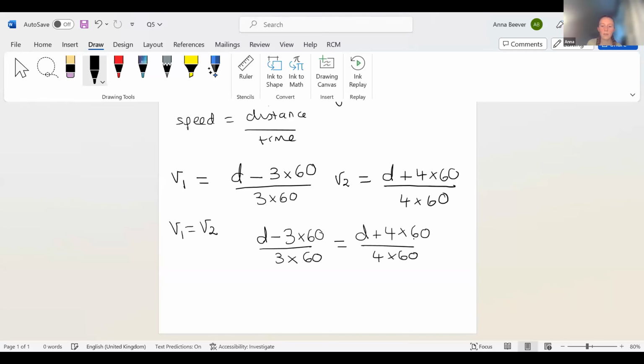So then we cancel these factors and we end up with 4d minus 3 times 4 times 60 is equal to 3d plus 3 times 4 times 60. If you take this 3d to the left and this term to the right, we'll end up with d is equal to 2 times 3 times 4 times 60.